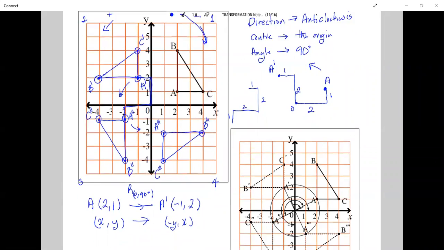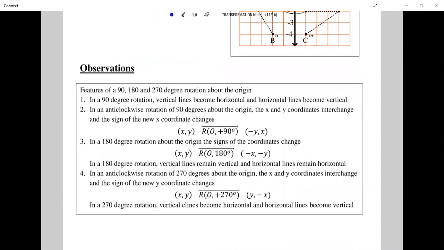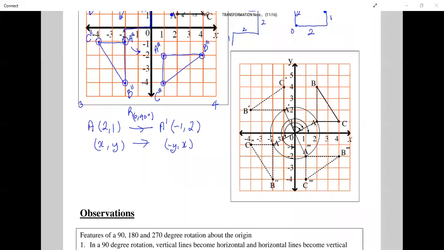So let's look at the observations. These are the observations from the activity we just did: features of a 90, 180 degree, and 270 degree rotation about the origin. In a 90 degree rotation, vertical lines become horizontal and horizontal lines become vertical. We can see that clearly from any one of these diagrams.